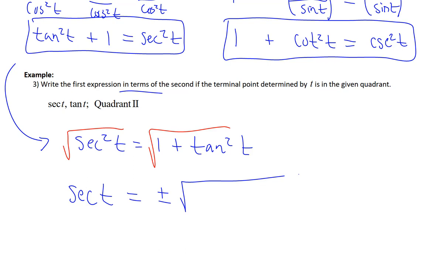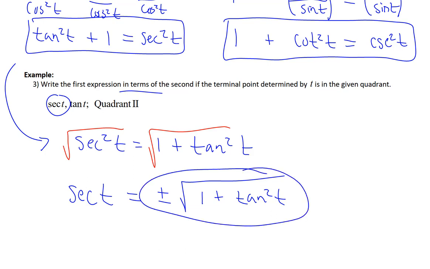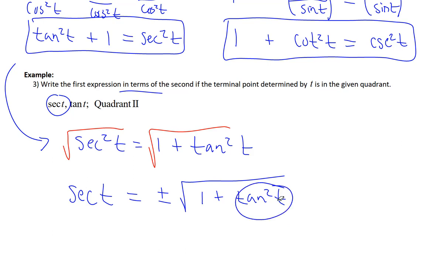So really we have secant of t equals plus or minus the square root of 1 plus tangent squared of t. That's what we had already solved in the previous step. Okay, so we've written the first expression, secant of t, in terms of the second, which is tangent, because now the right side has just a tangent. Now it's a tangent squared, that's fine.